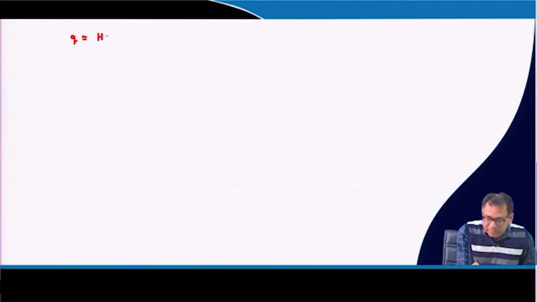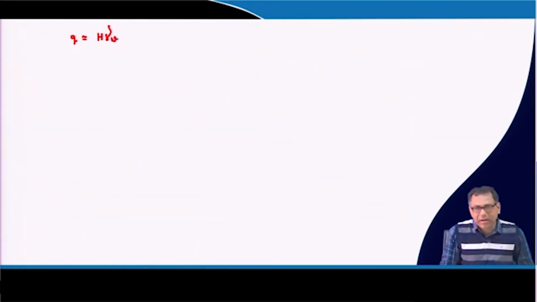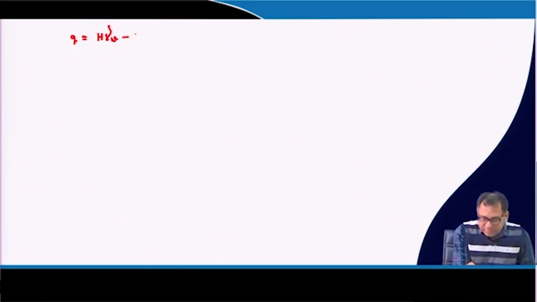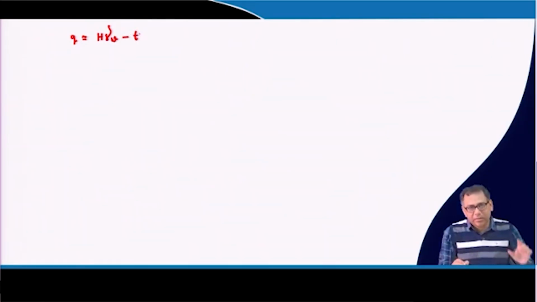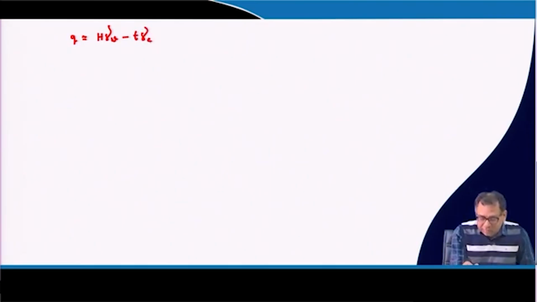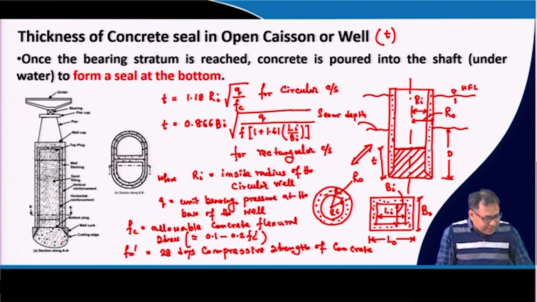So we can write that Q is roughly equal to the buoyancy stress, H into gamma W, minus T, the thickness of the seal, into the unit weight of the concrete.